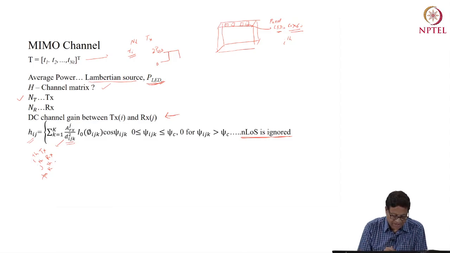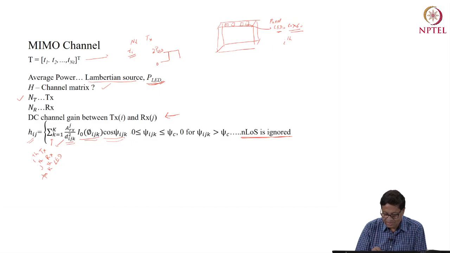So this is for the kth LED. So that is why you see the sum over all LEDs here. I05GK, you can again find out that angle, emission angle, between transmitter I and receiver J for the kth LED. And this is cos psi jk. This is how we had modeled earlier.